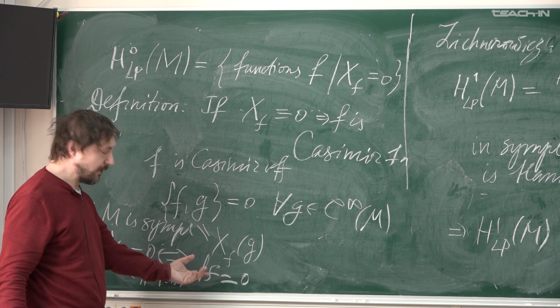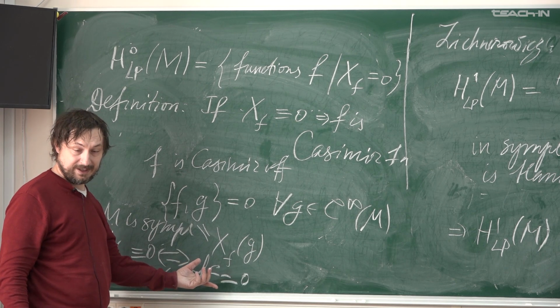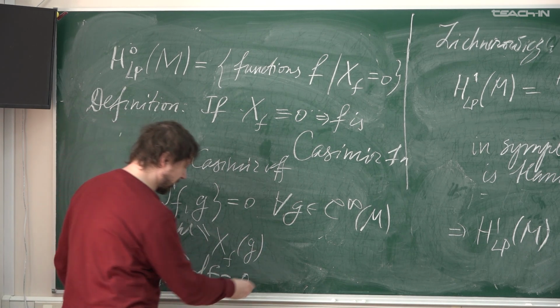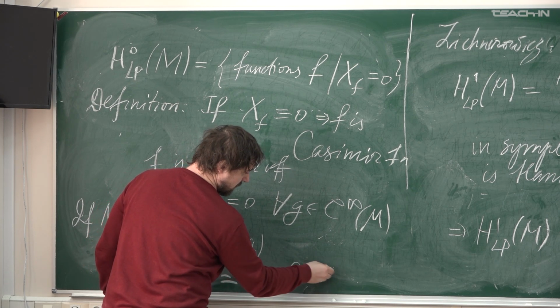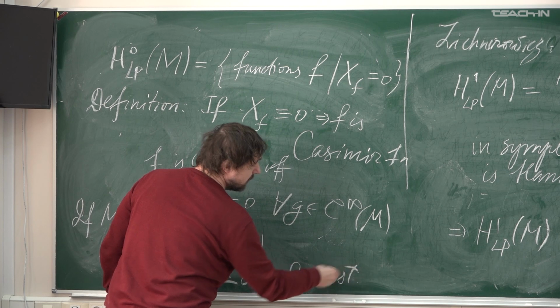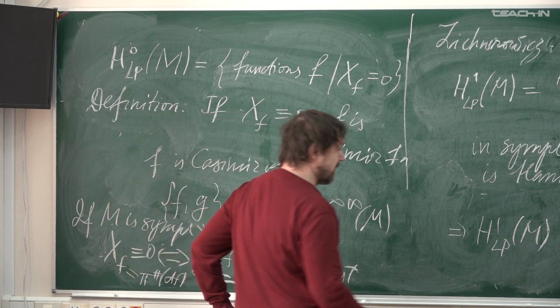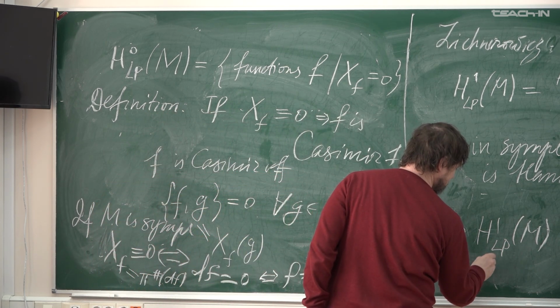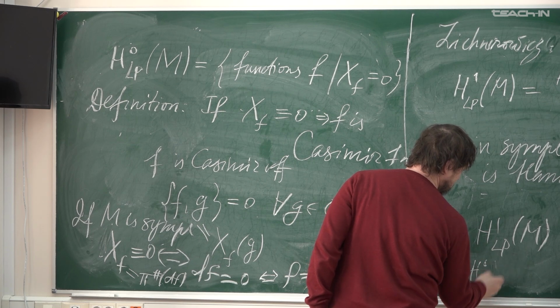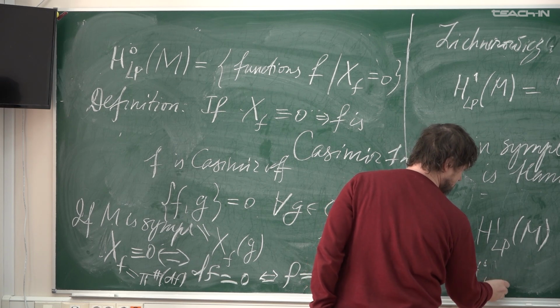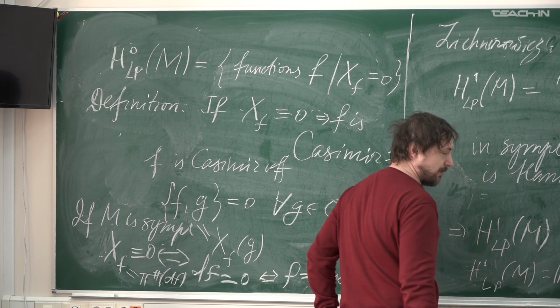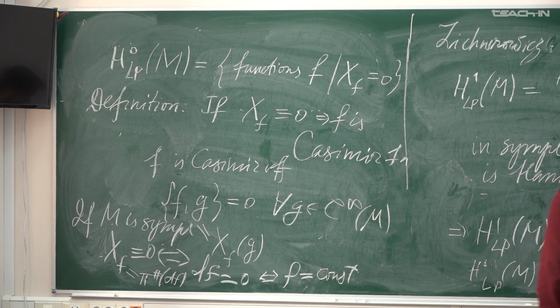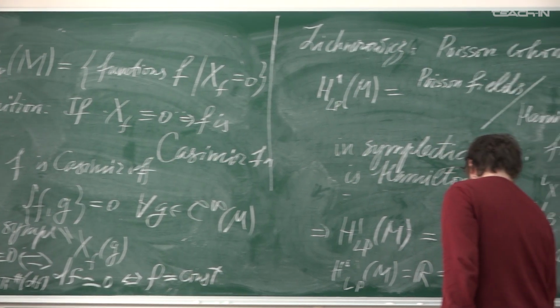What does it mean that df is identically 0? It means that f is just constant. So in the symplectic case, H0 of LP of M is just the space of constant functions, which is again the same as H0 de Rham of M.